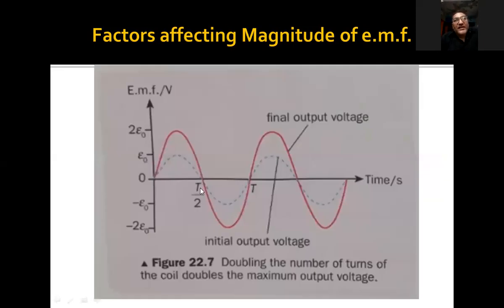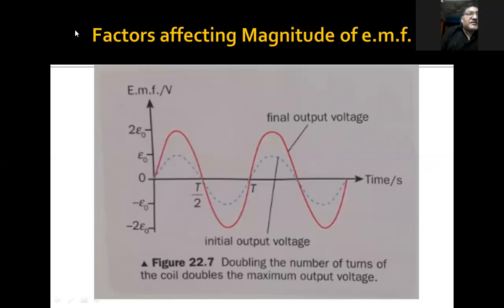So here you can see, this diagram is showing you the EMF and time graph. So it's a voltage time graph. On the x-axis, the time is represented. On the y-axis, we have the EMF shown.